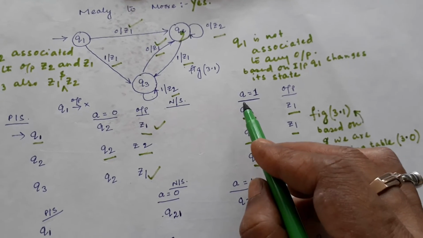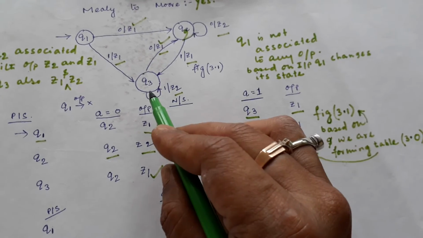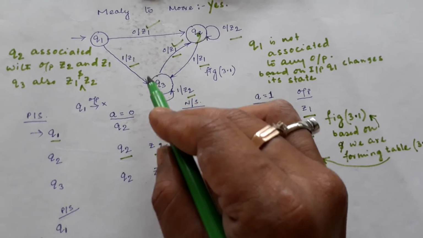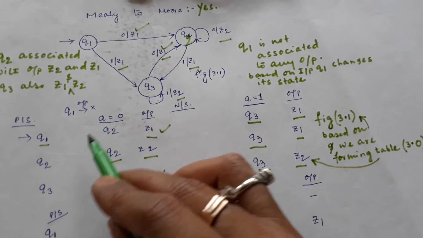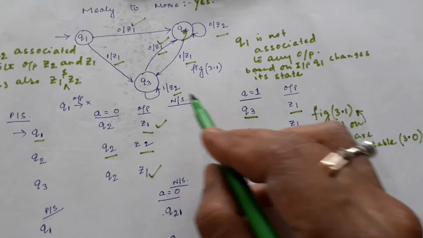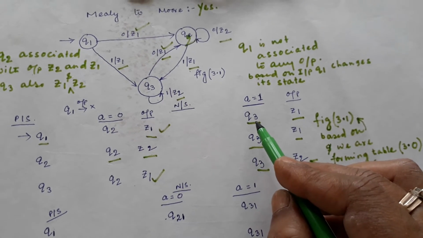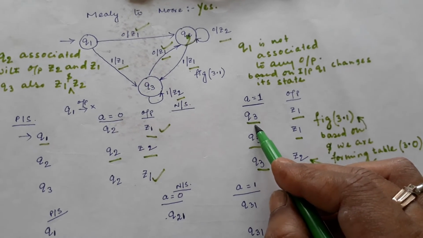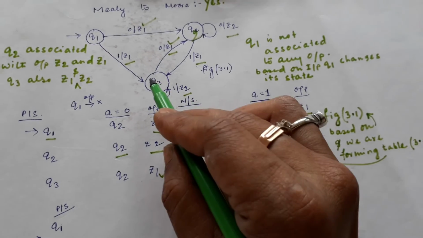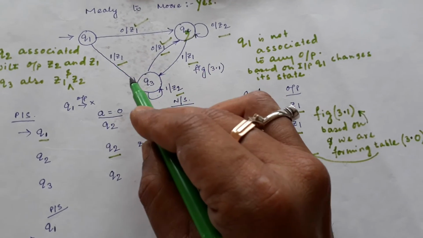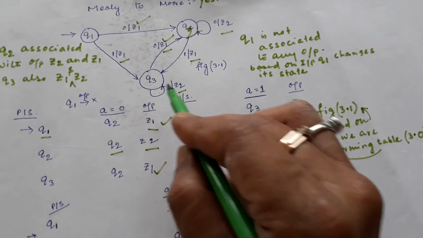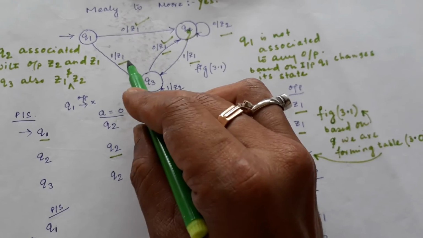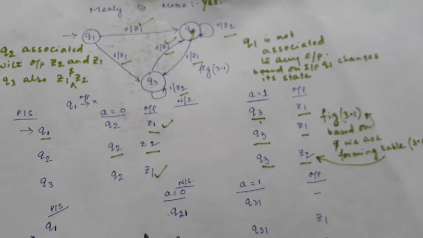So just check it out. When the input a equals 1, q1 to 1 jumps to q3 and produces the output z1, right?